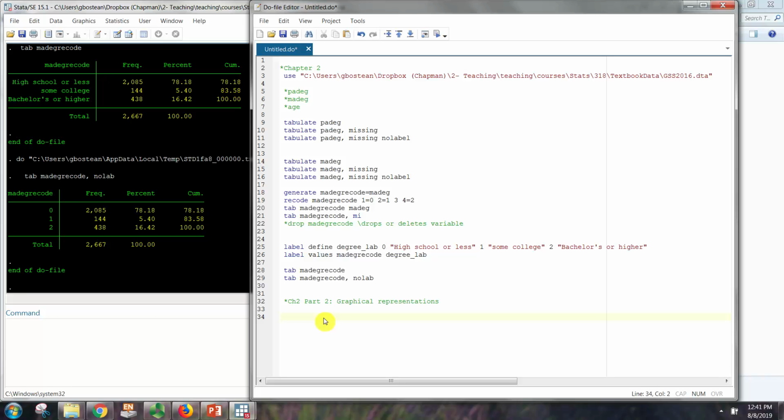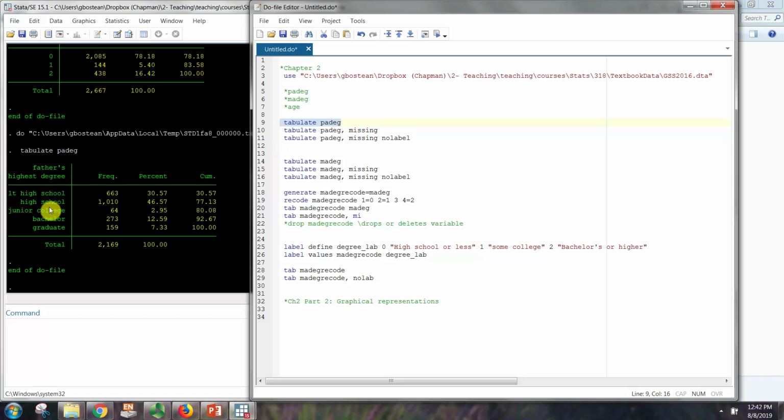I hinted at the importance of that earlier, because the program sometimes won't tell you if you're trying to do something that doesn't make sense. So I will give you the example of using this tabulate command, which we used to look at the frequency distribution of this father's highest degree, which is an ordinal variable.